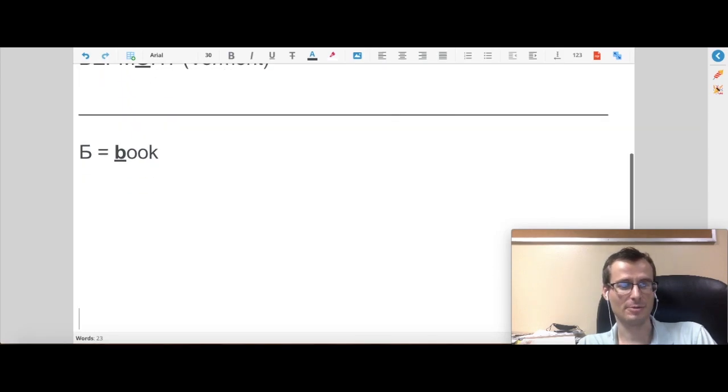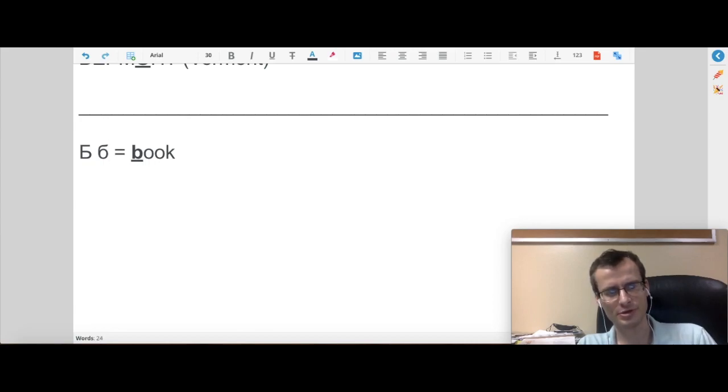But yes, talking about print, uppercase and lowercase letters look the same, but B is probably the only one that kind of looks a little different in the lowercase version. So here's its lowercase version. So you can see they both kind of look similar. They both kind of look like a 6, right? But B is a little more curvy.